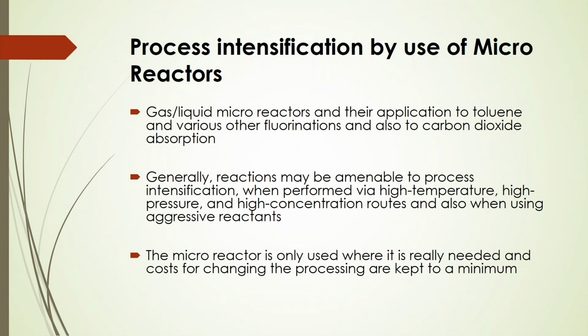Reactions may be amenable to process intensification when performed via high temperature, high pressure and high concentration routes, and also when using aggressive reactants. The microreactor is only used when it is really needed, and of course you have to consider the cost factor for changing the processing, and keep it as minimum as possible.